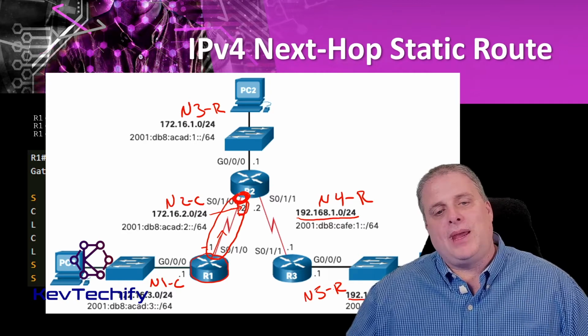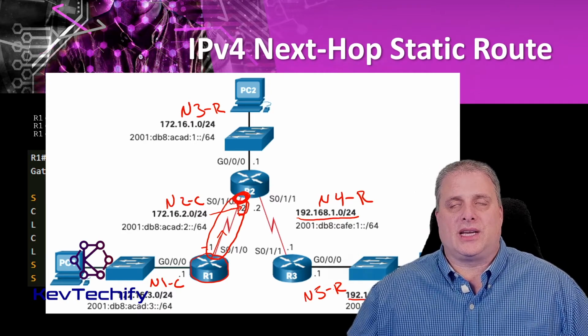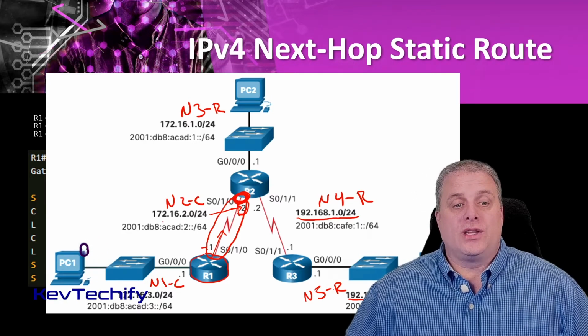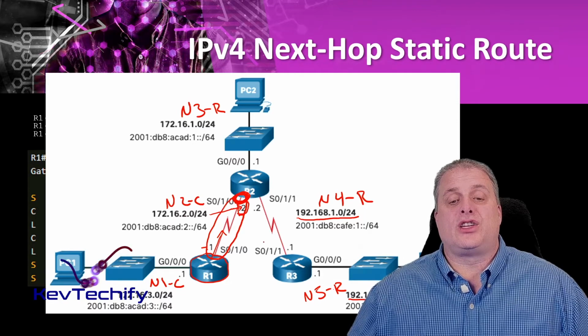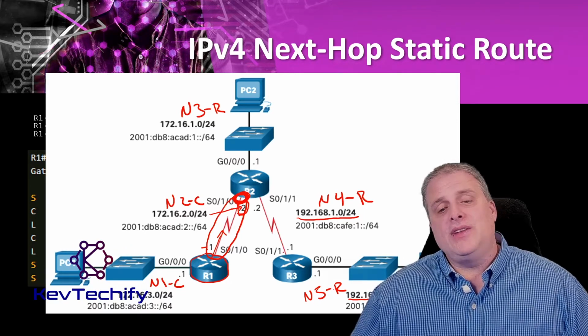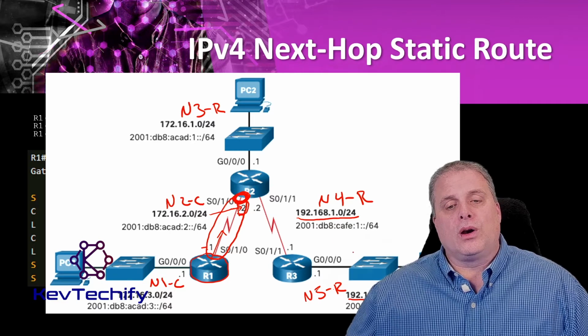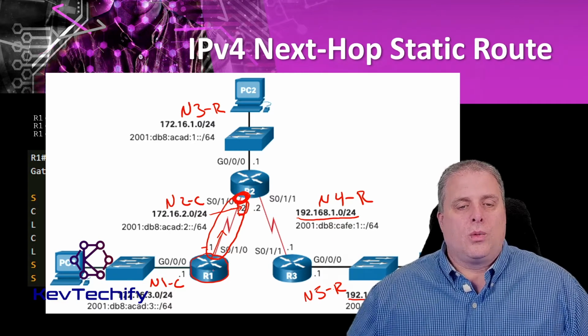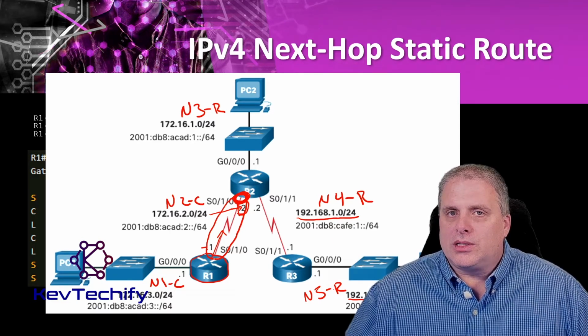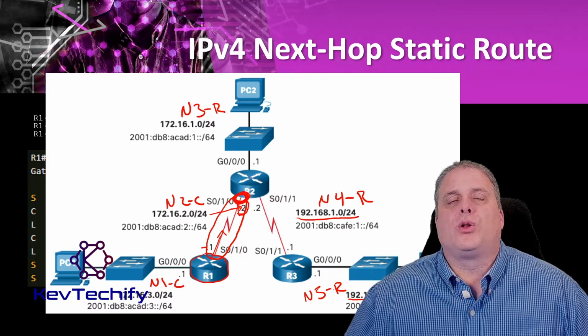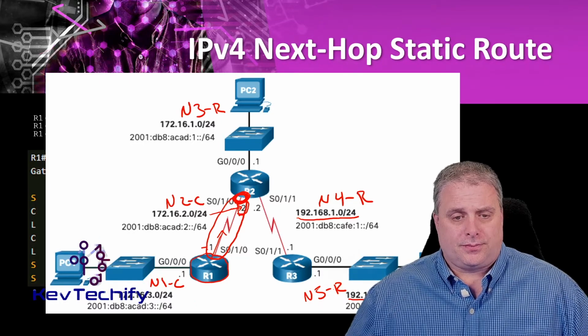It needs to be the IP address on that next device, on that next router. It's 172.16.2.2. This is the next hop, even to get to the network where I have to go through another router. Once again, the idea of the routers is getting it one step closer to the destination.